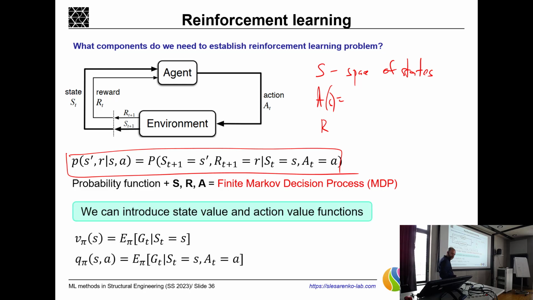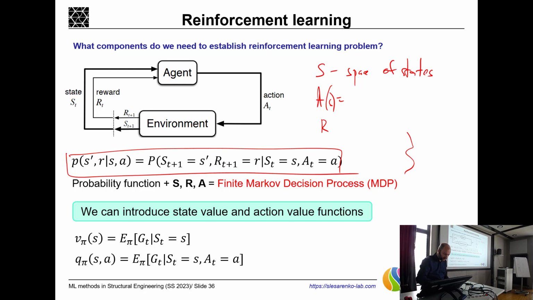Remember that we can introduce state value and action value functions. This is just basic fundamentals. So V pi depends only on the state. It looks, let's say, at the square where you're located right now. Think about states as the positions in your labyrinth, and action is where you can go: right, up, and so on. It's the expectation of your total reward, the return, if you stay in this state.